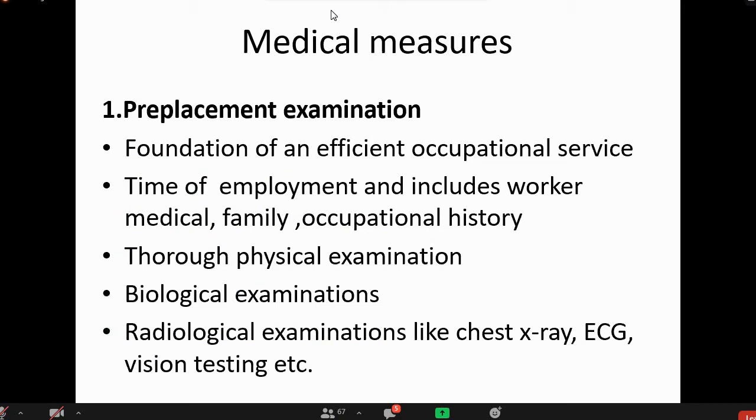When we talk about pre-placement examination, whenever an employee enters a job, he has to go through a pre-placement examination. So the simple blood tests, X-ray, ECGs.